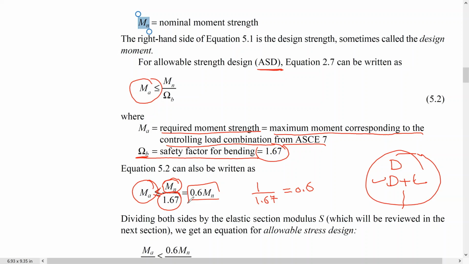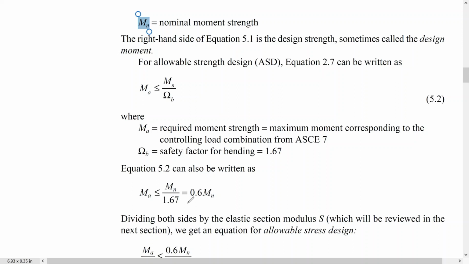In this case, guys, just a quick note here. If we do have this one here, MA is less than or equal to 0.6 Mn, which is the nominal strength.